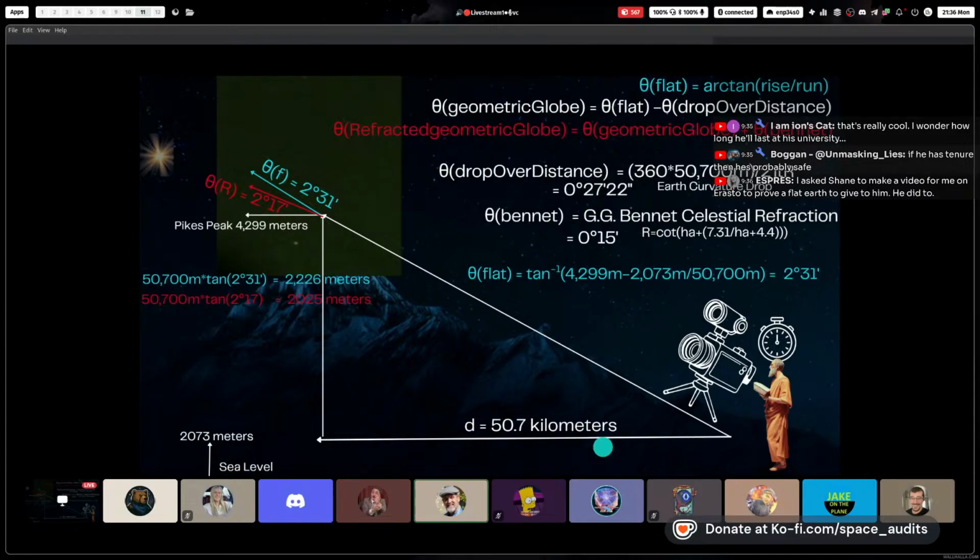So it was as close to the flat Earth prediction as a theodolite could possibly get. The modern theodolites, though, all measure in the vicinity of 2 degrees, 17 arc minutes, and there may be up to a few arc minutes of refraction correction necessary on top of that for less than ideal conditions.